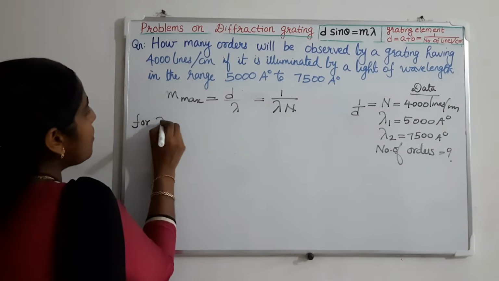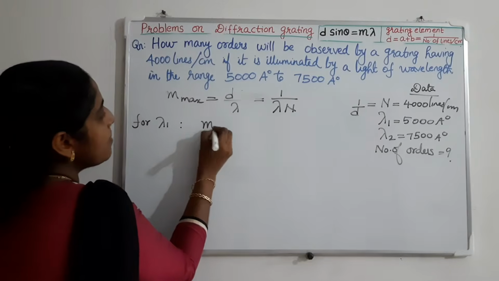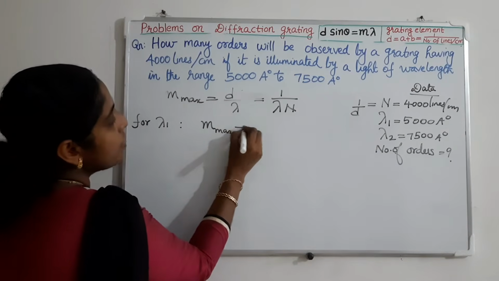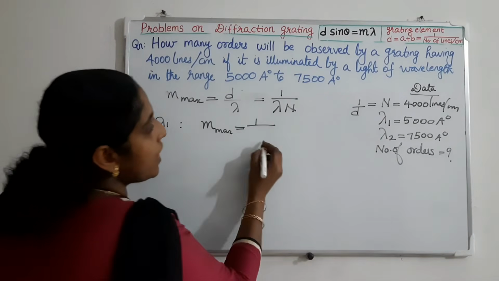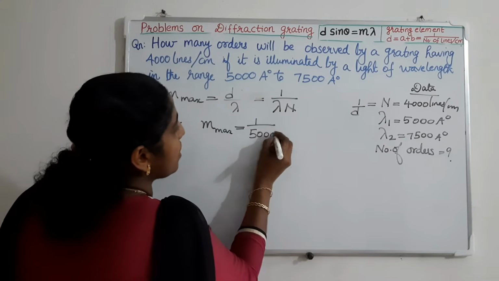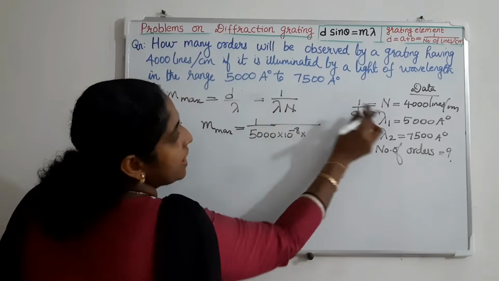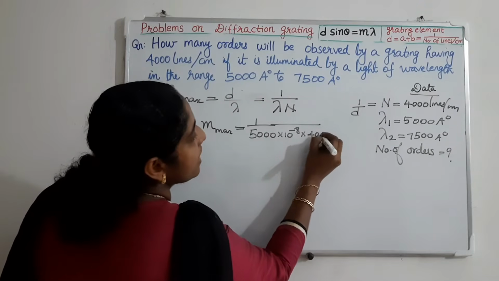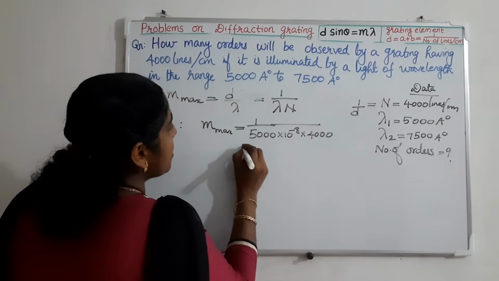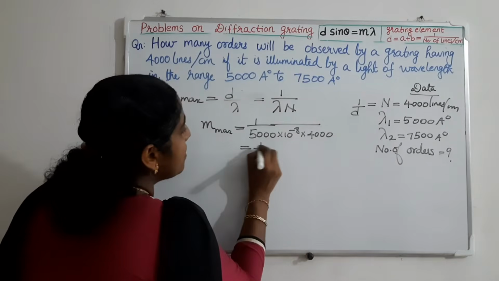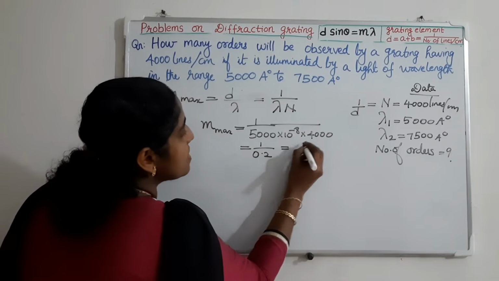For lambda 1, the maximum order is equal to 1 by 5000 into 10 raised to minus 8 into n, where n is 4000 lines per centimeter. On calculating we get 1 by 0.2, that is 5.